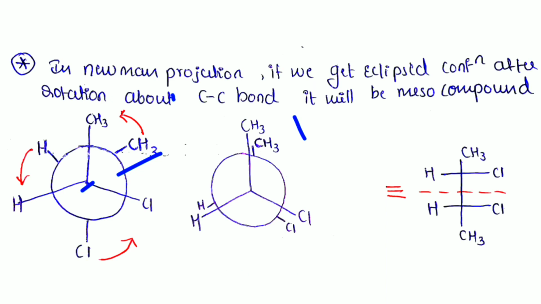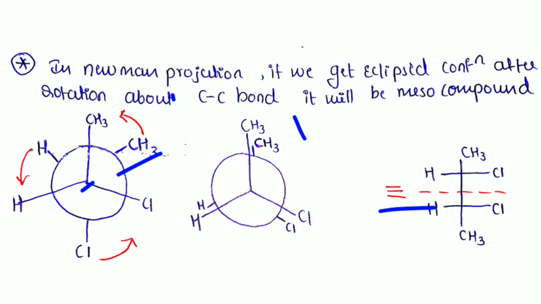Okay, represent it in a Fischer projection. If you have any doubt, check the lesson on the conversion of Newman to Fischer projection, then it will be easier to represent it. When I place a plane in a Fischer projection, it can divide it into two equal halves.